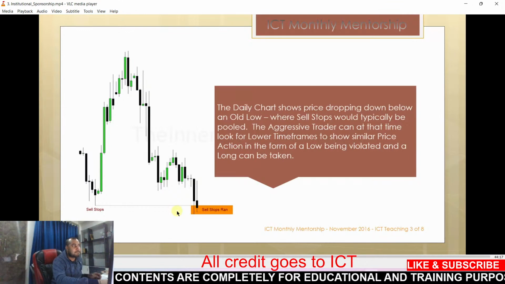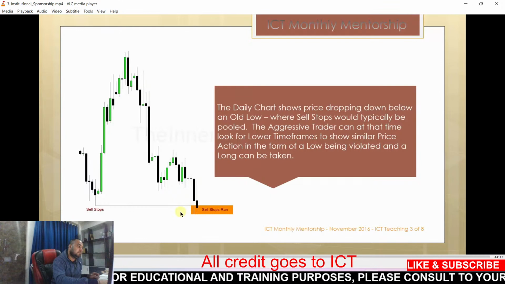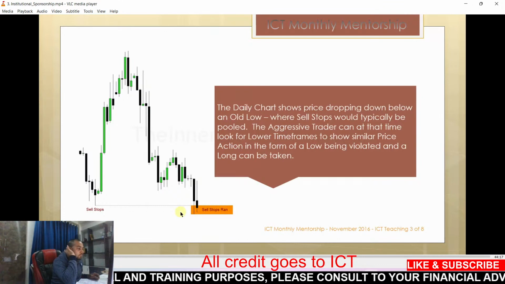Price. So you can look into a lower time frame and actually study the price action and come to basically the same idea you're seeing here, an old low that we would wait for short-term price action on a lower time frame to create that same scenario, which is a low being violated because everything on price is fractal.